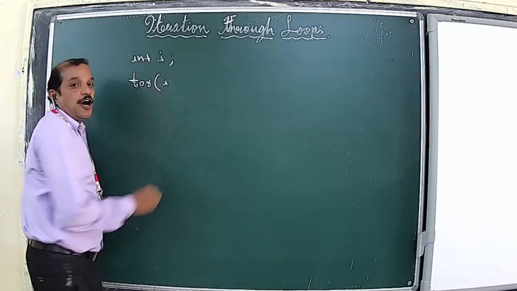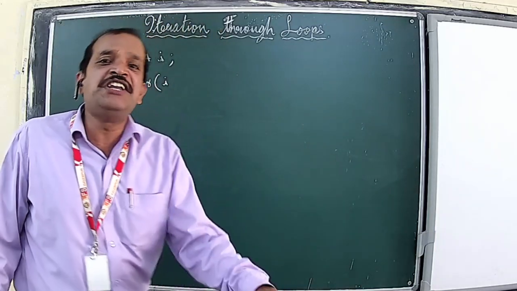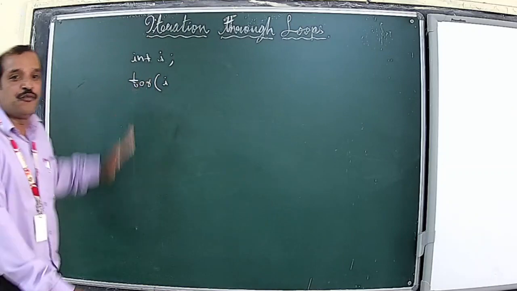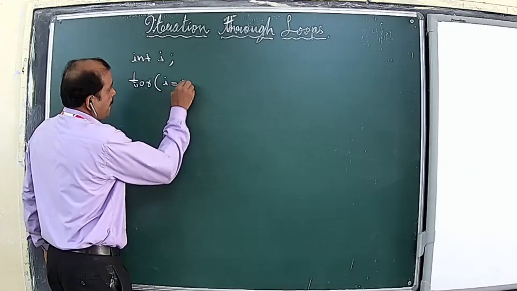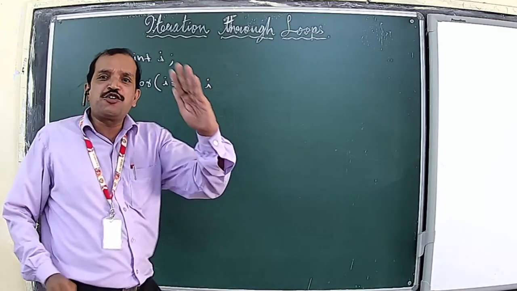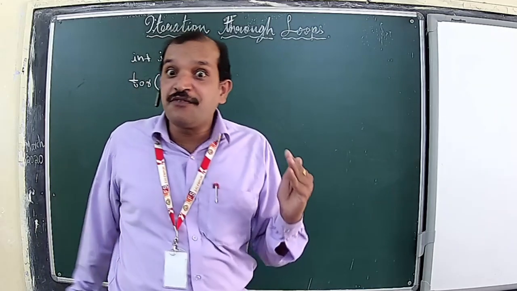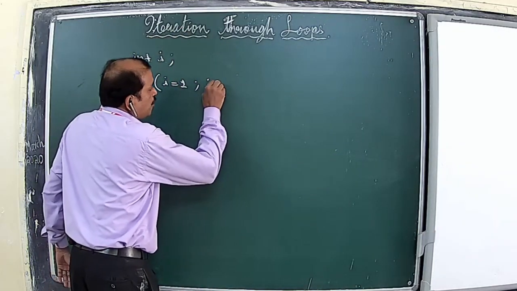Our task is to print from 1 to 100, so as part of the initialization expression, the loop control variable will be initialized to 1. I equal to 1. And now is the important part. As part of the test expression, you have to be careful up to which number you have to proceed.